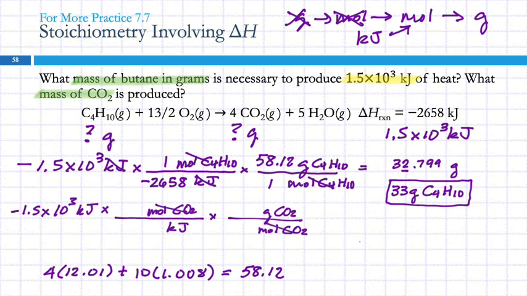So make sure that our units are canceling out. So the moles of CO2, how many moles of CO2? 4 moles of CO2 for that same amount of energy, negative 2658 kilojoules.